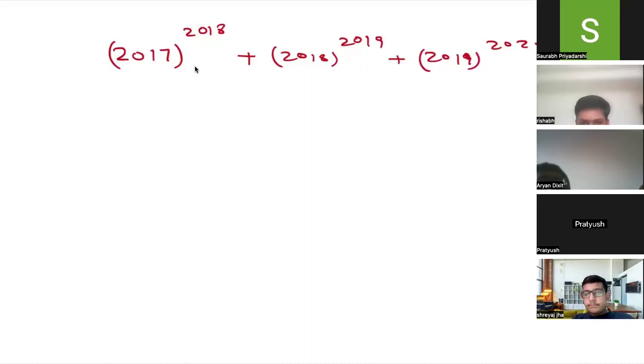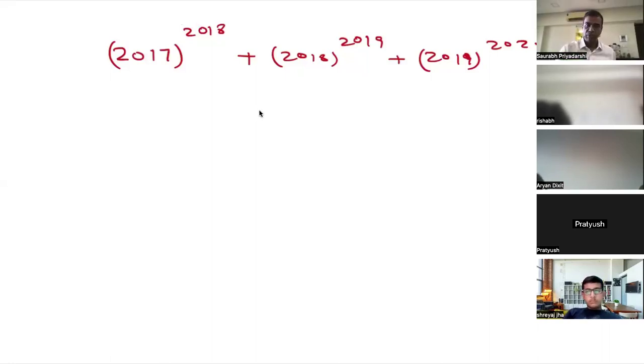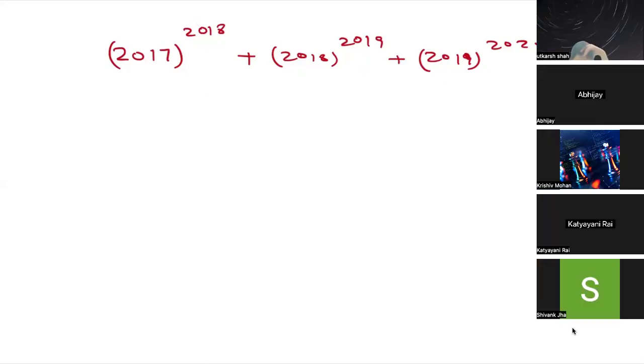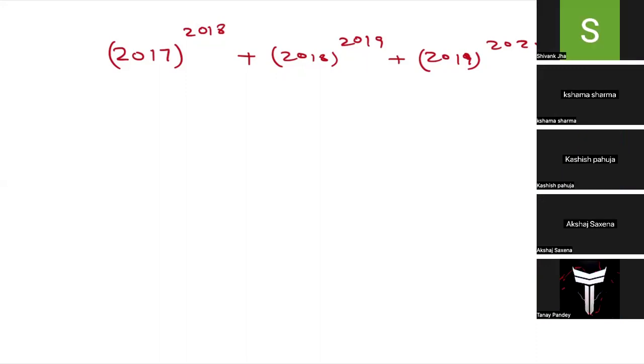Sir, I sent it. Very good. Aryan, very good. You did it very fast, very good. Very fast calculation. Shivang, the calculation. Katani, yes sir. Do it, Shama, do it, Kasis, Akshar.